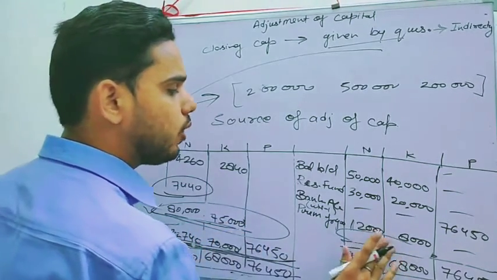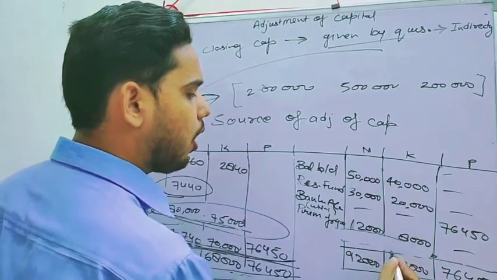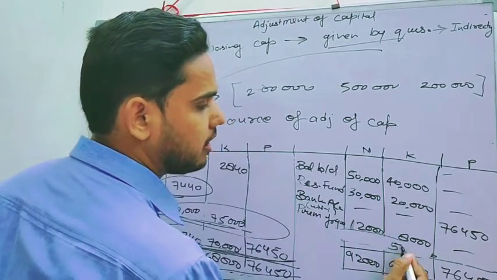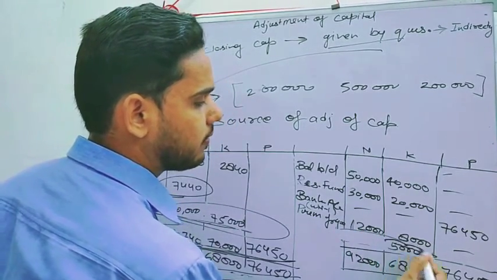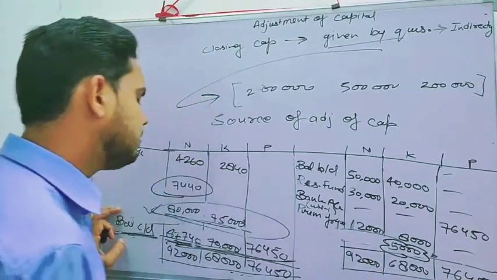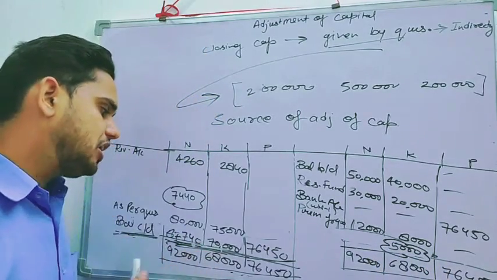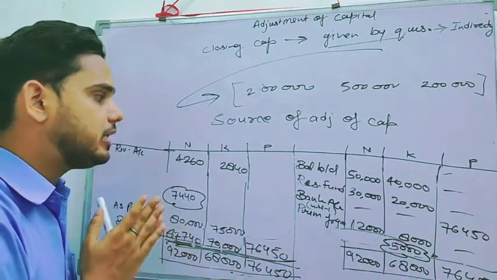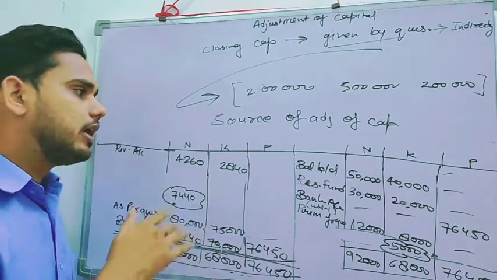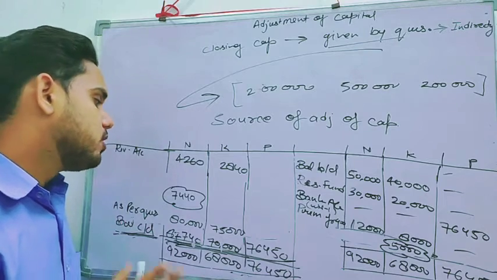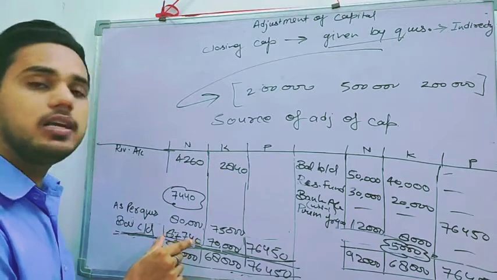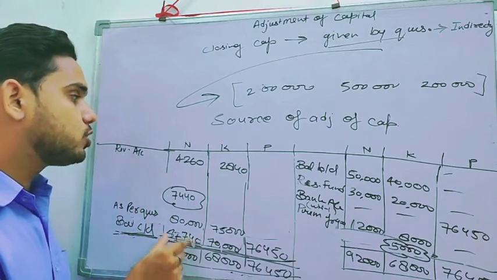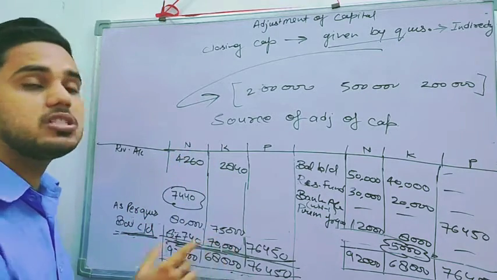In that case, you are getting the difference on the credit side. I have changed the values to exact amounts so that it is easy to understand. The balancing figure was 87740 for N and for K it was 70,000.